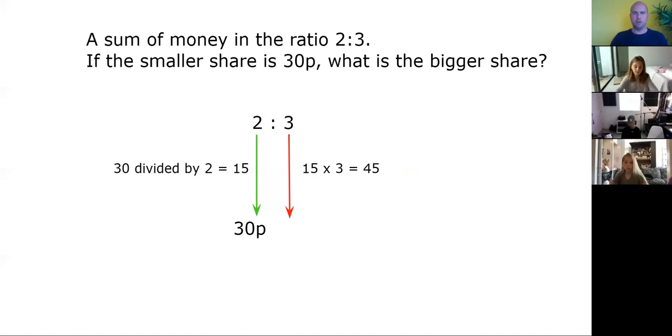Okay. In a way, what we should do really is we should reverse that arrow so that it goes from the 30 up to the 2. Yeah? Because you do 30 divided by 2. Get your answer, which is here.